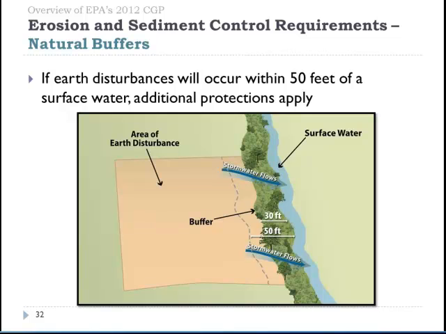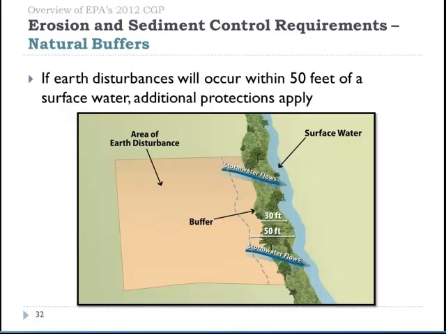So in coming up with the buffer provisions in the permit, we looked at several different issues so that we could come up with a requirement that was both environmentally protective and implementable by permittees. So we looked at how effective buffers are at removing sediment and nutrients, and what a minimum size is necessary to achieve high levels of pollutant removal.